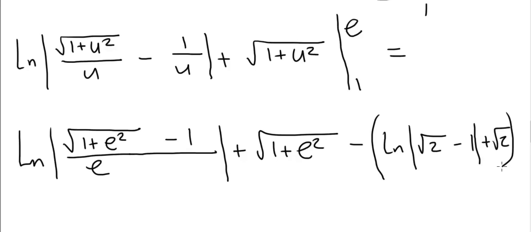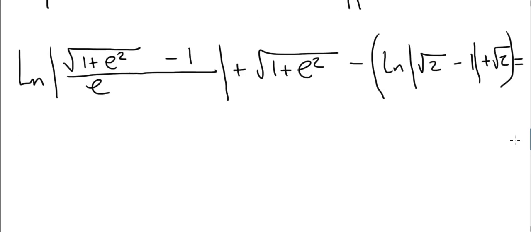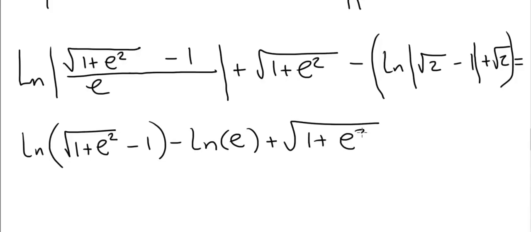Now we just want to simplify this. We can drop the absolute values because everything is positive. This first natural log is the natural log of the square root of 1 plus e squared minus 1, minus the natural log of e, plus the square root of 1 plus e squared, minus the natural log of the square root of 2 minus 1, minus the square root of 2.